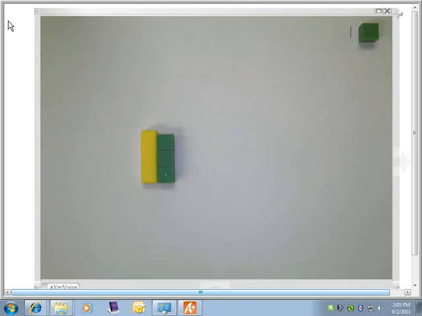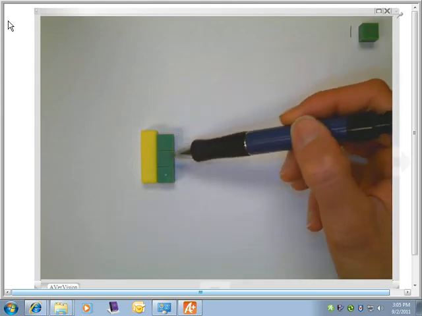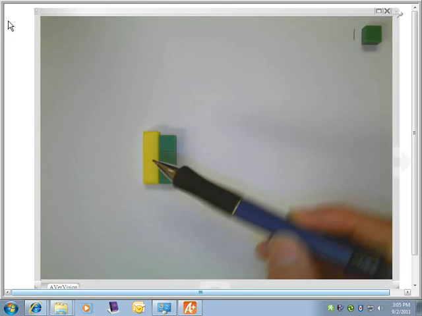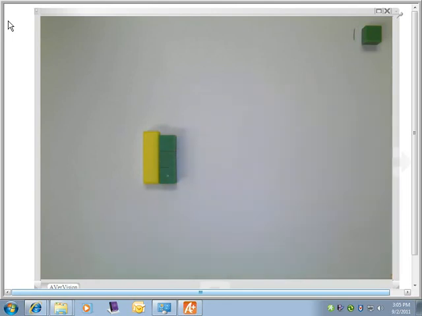If you look closely, you can see that 3 rods do not equal 1 yellow. There's a gap here. So that means yellow does not equal 3. Well, we have no way of really knowing what yellow equals because we have no way of measuring it outside of our green cubes.